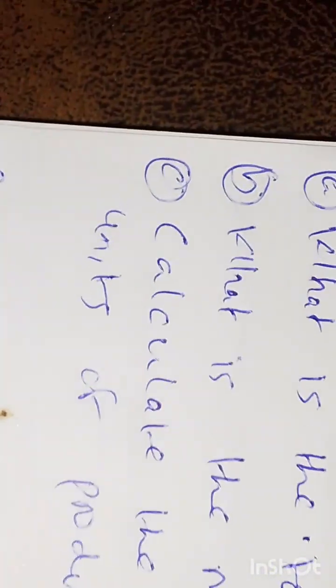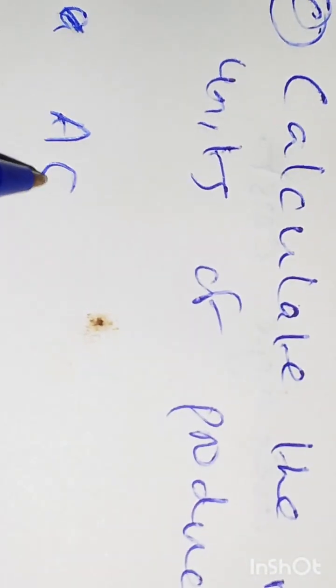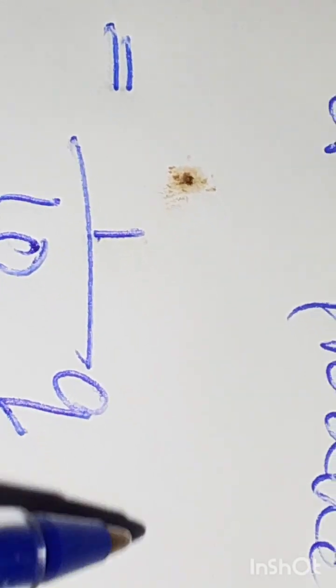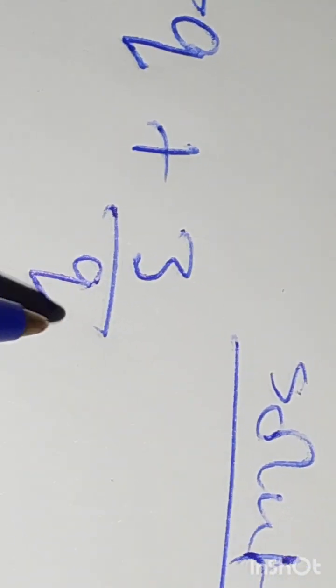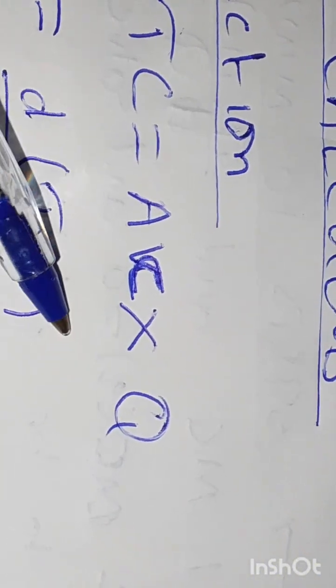For A, let's first start. The average cost is equal to 1 over 10Q plus 3 over Q. You have been told to find the total cost. We know that total cost is equal to average cost times quantity.